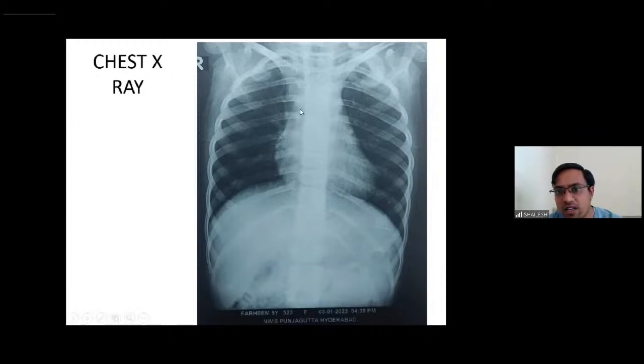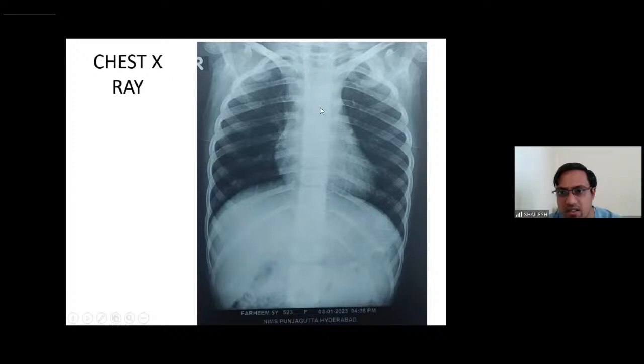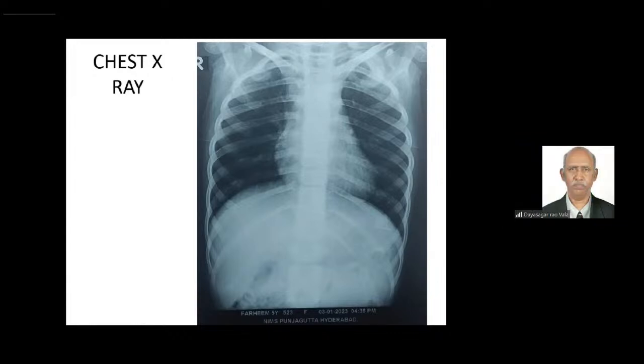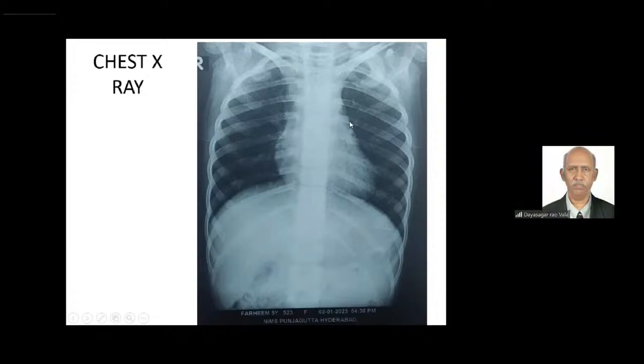Sir, most likely the trachea is on the right side, sir. There is indentation of the aorta visible. So there is a left-sided aortic arch, sir. And the main pulmonary artery segment is not prominent, sir. So what does that mean? What is the implication?